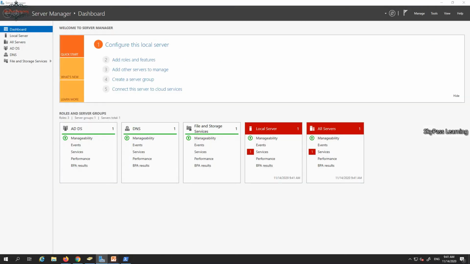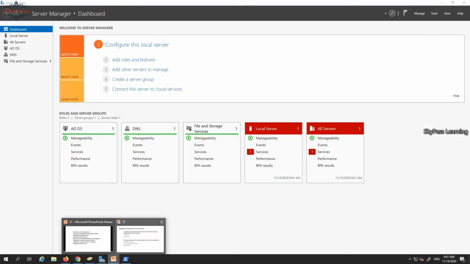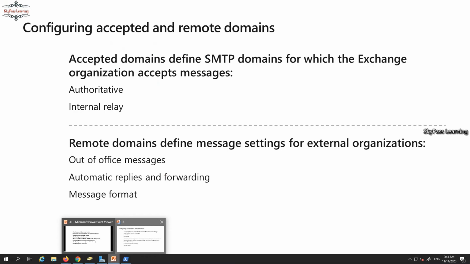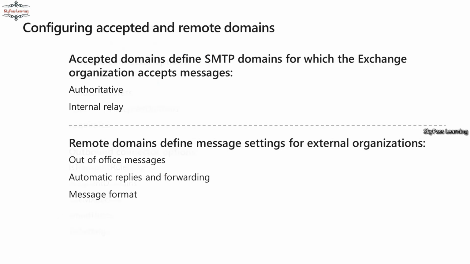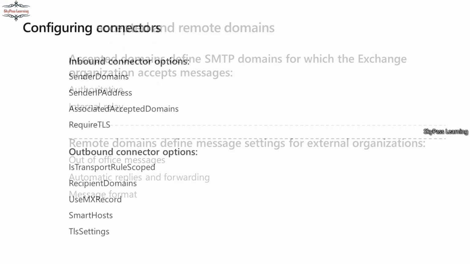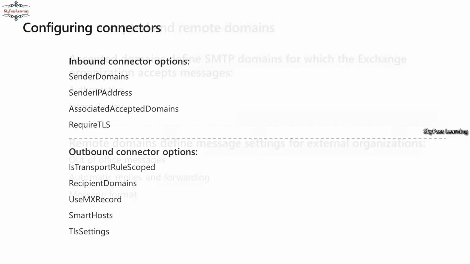Okay, we have to configure some connectors if we are using a hybrid solution or if we are integrating with another partner organization. The connectors can be inbound or outbound. By default, you will be receiving inbound or incoming messages as per your domains, because Microsoft always creates the default connector for send and receive.